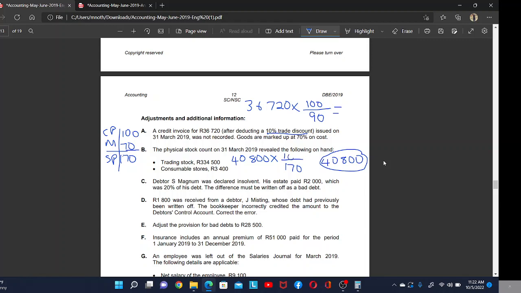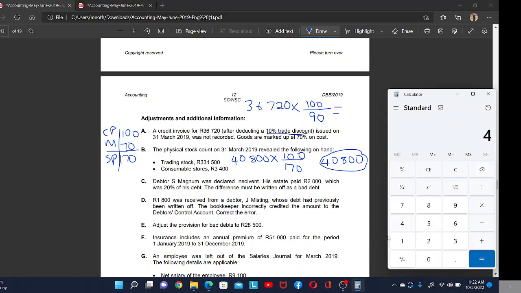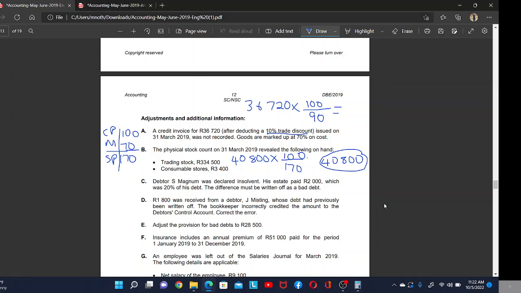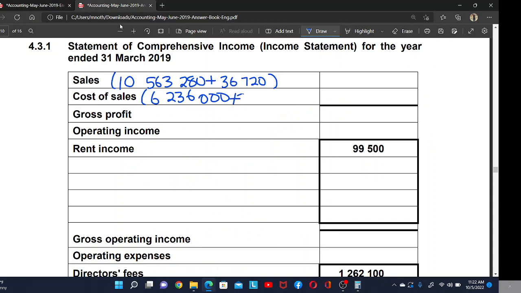What we don't have is 100, which is the cost of sales. So 40,800 times 100 divided by 170 is equal to 24,000. This is the money for the cost of sales, 24,000.